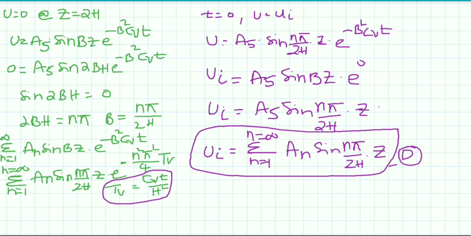So equation D is nothing but a Fourier series, and an can be given by an equal to 1 by H integral 0 to 2H of ui sin n pi by 2H into z dz.